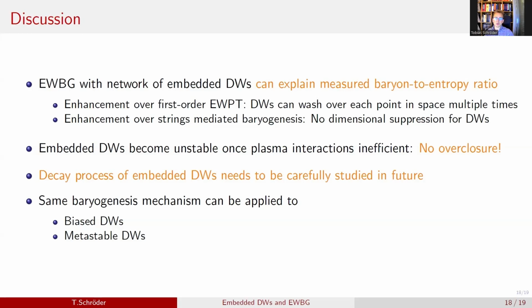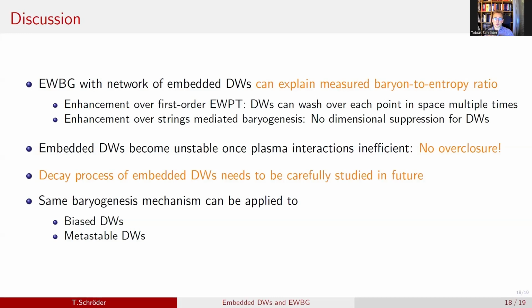In comparison to string-mediated baryogenesis, we get an enhancement because strings wash over a much smaller volume of space than domain walls can do. While this would not be possible with stable domain walls, which lead to overclosure, embedded domain walls become unstable once the plasma interactions are inefficient, and therefore this scenario does not lead to overclosure.